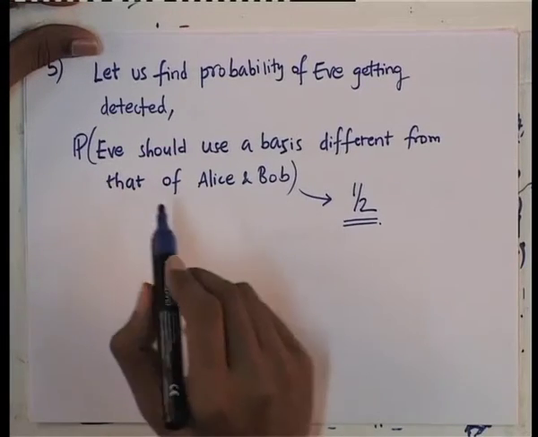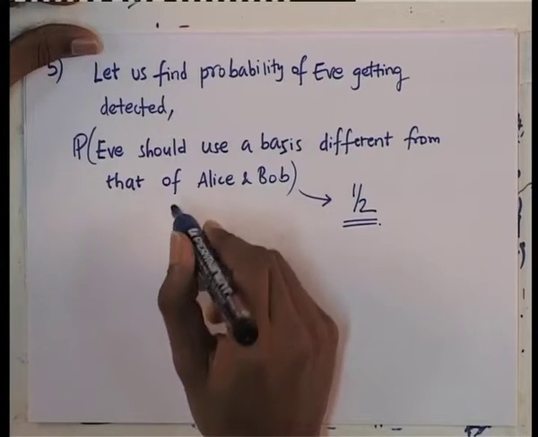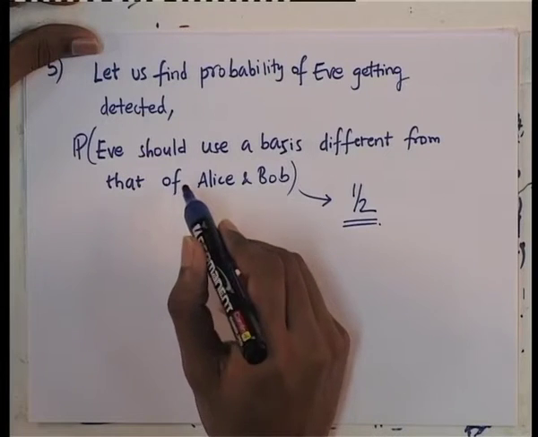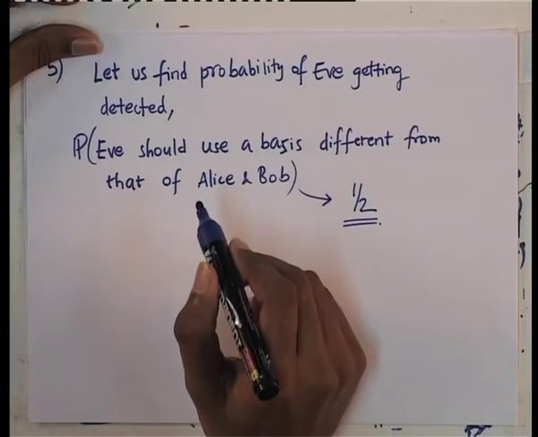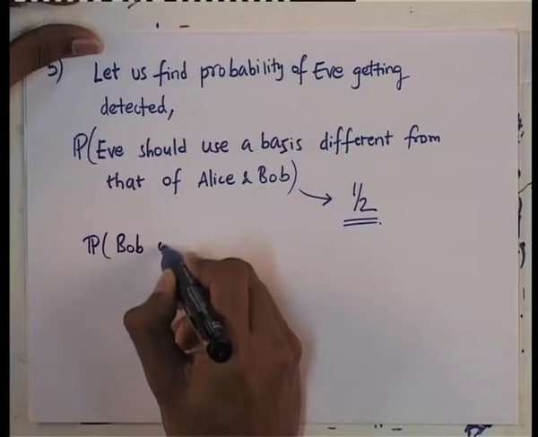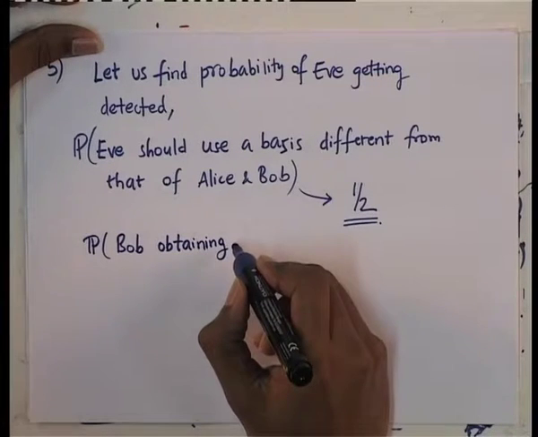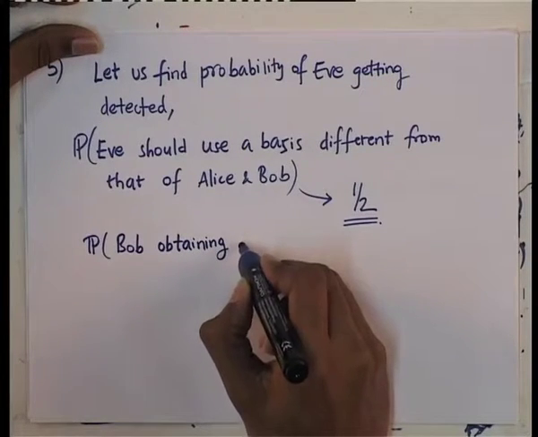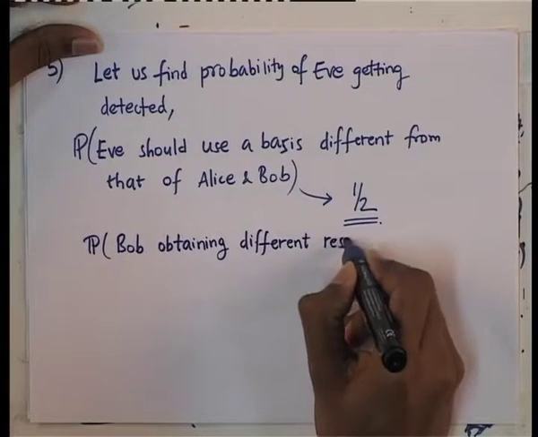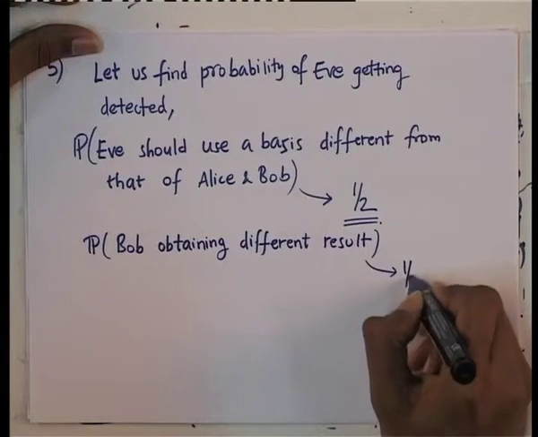So even after using a different basis than Alice and Bob, Eve should get a different result from the result obtained by Bob. So the probability of Bob obtaining a different result is half.